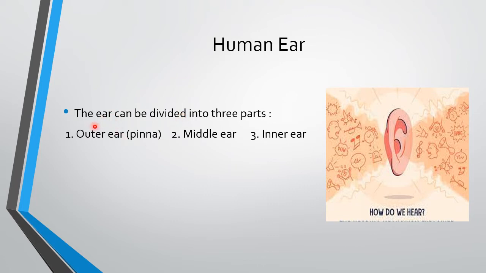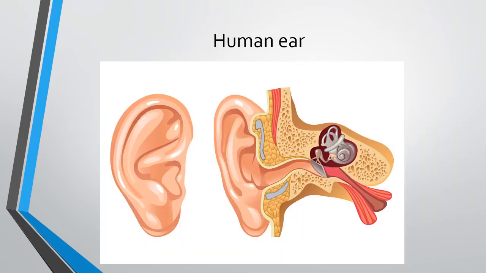Our human ear can be divided into three parts: the outer ear, that is the pinna, which can be seen protruding from your head, the middle ear and the inner ear. Now we have to study about them briefly.